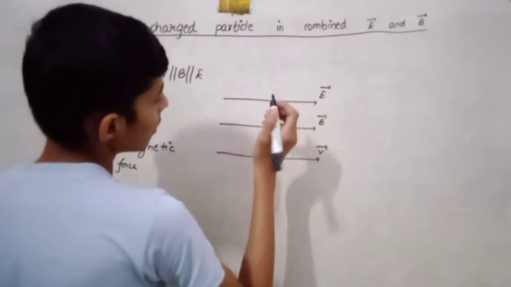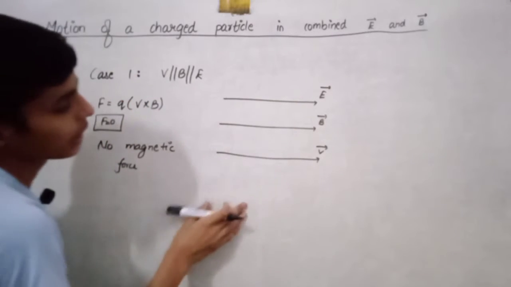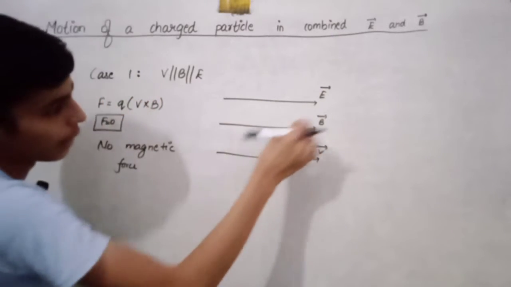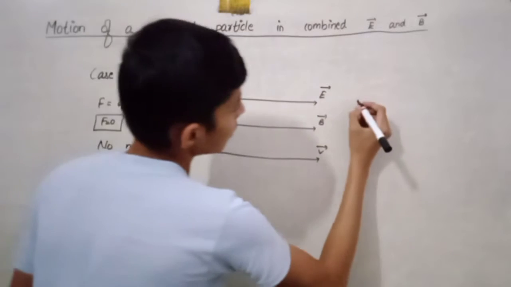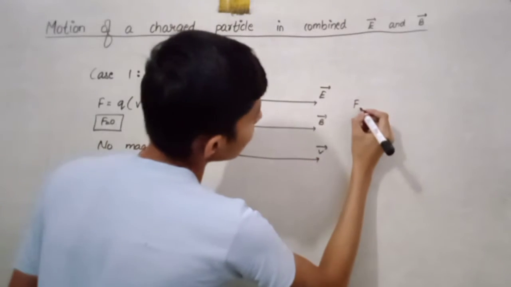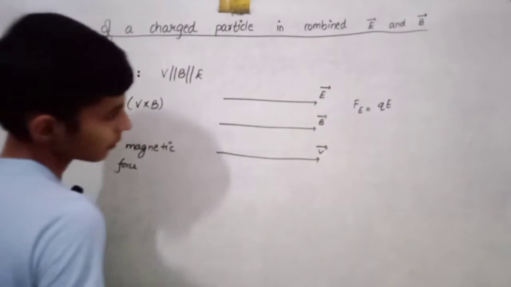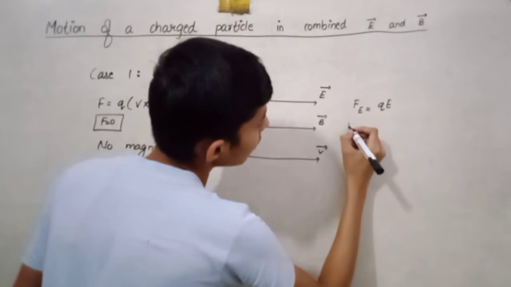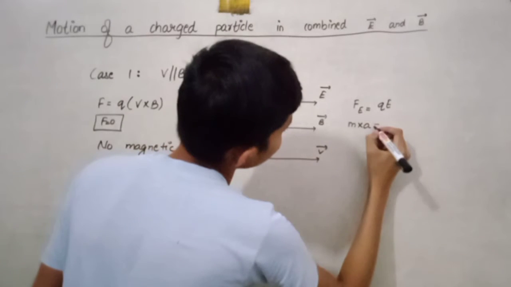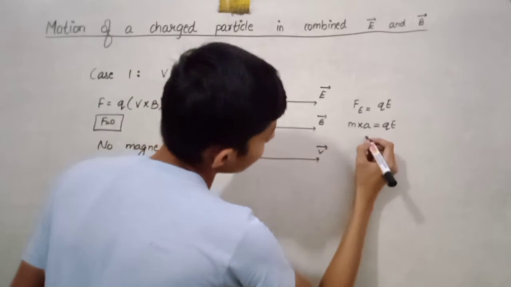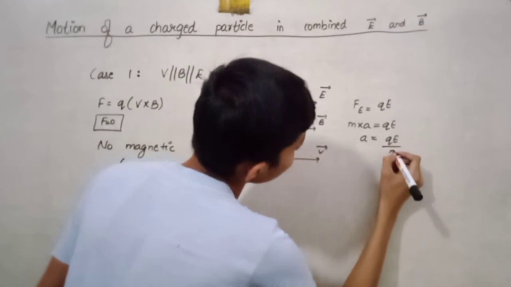Now, suppose a charge is placed in the electric field, then this charge will move in the direction of electric field if it is positive. Now, force by electric field equals QE, and force is equal to m into a, where m is mass and a is acceleration. So QE equals ma, and from it acceleration equals QE by m.